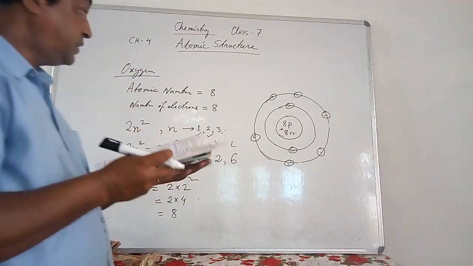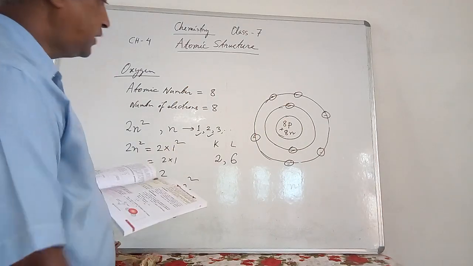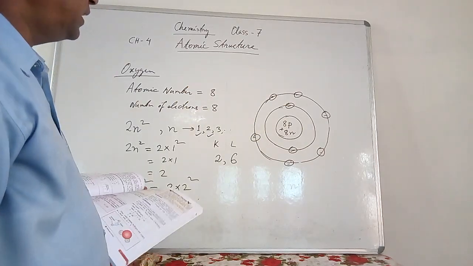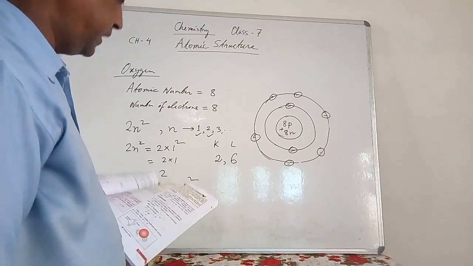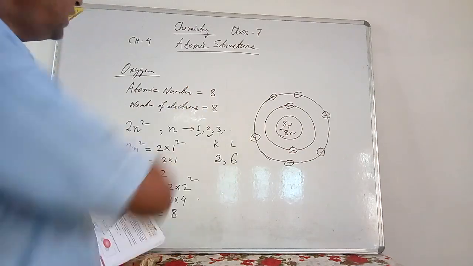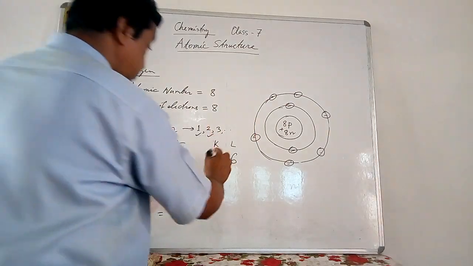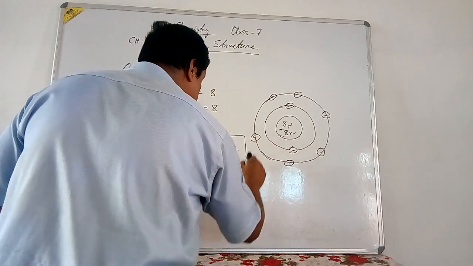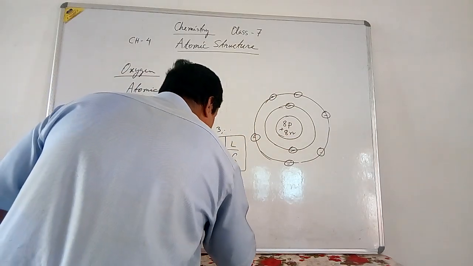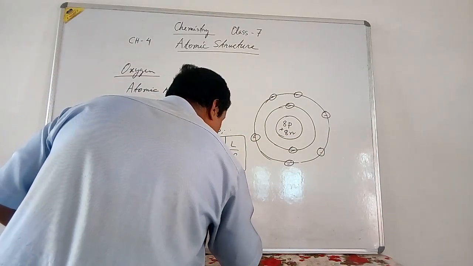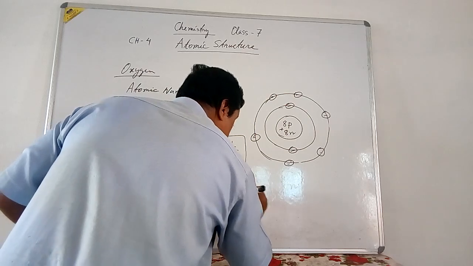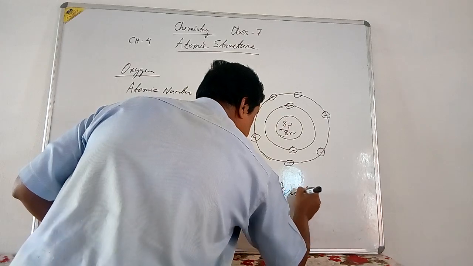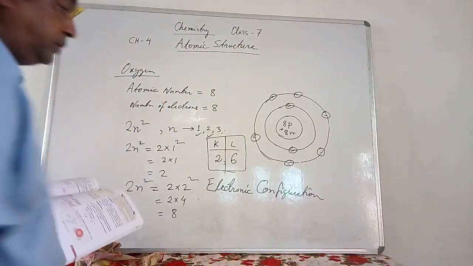I think you can understand what this electron configuration is and how to arrange the electrons around the nucleus in different orbits or shells. This arrangement of the electrons in the shells is known as electronic configuration.